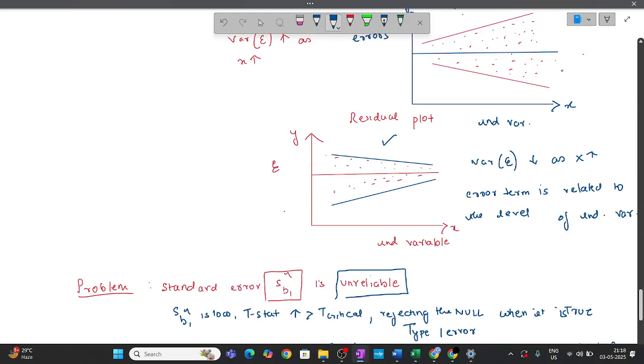So if error term is related to the level of independent variable, conditional heteroscedasticity.